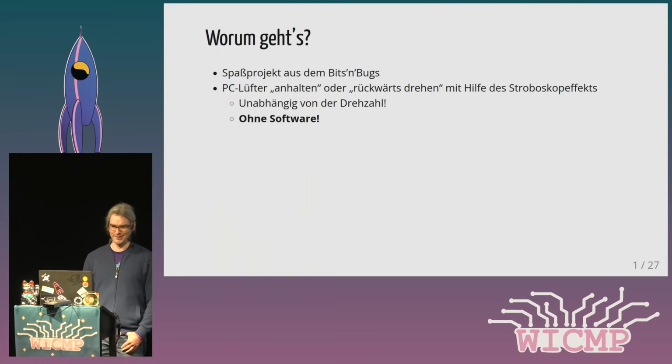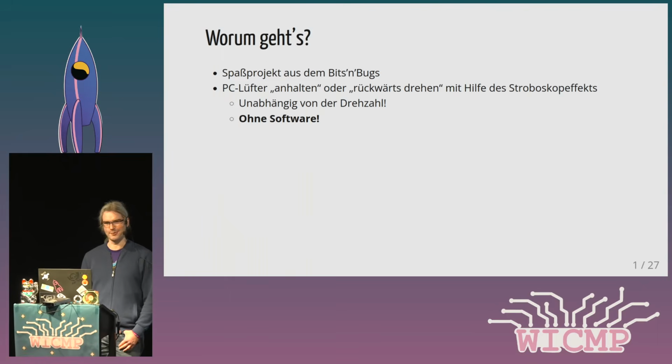And then I had the idea to automate this and build some electronics that would be able to make this effect real, such that the fan appears still standing. And this should be done without software and without being dependent on the fan speed.